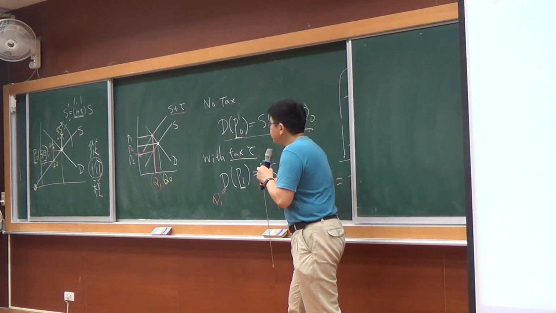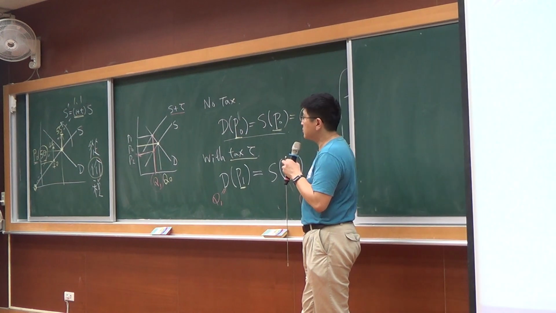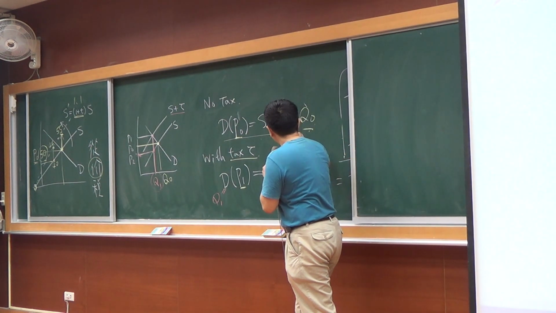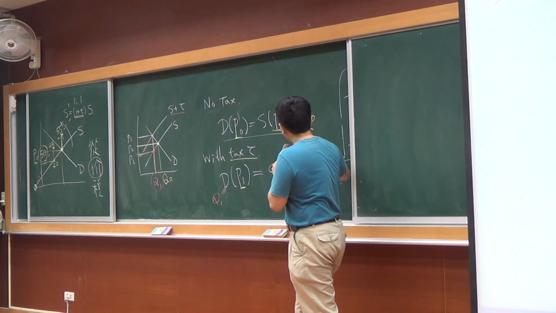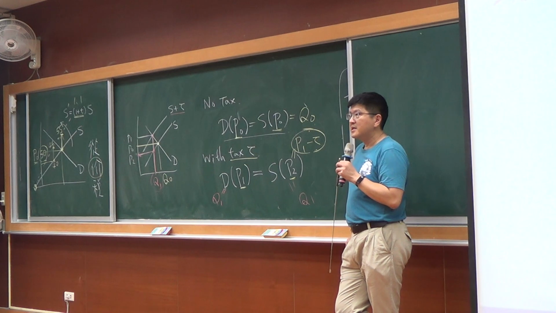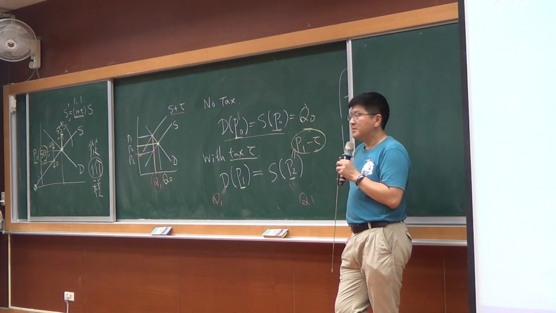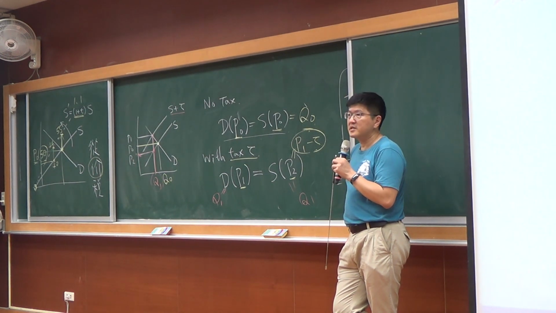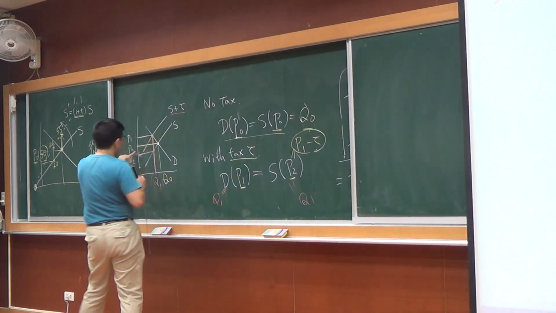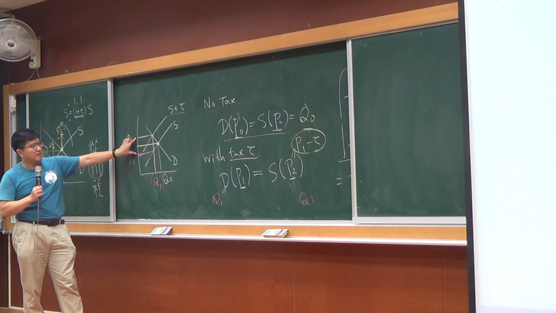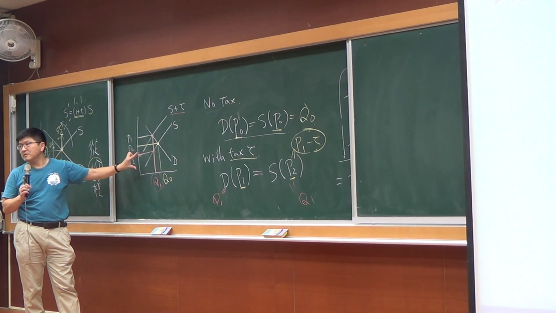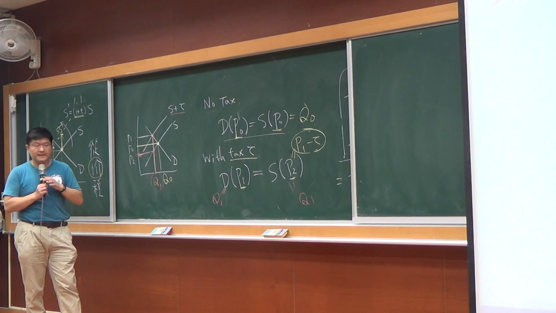And there is a gap between P1 and P2, because P2 is P1 minus tau. Is that right? P2 is P1 minus tau because the size here is tau. Okay?